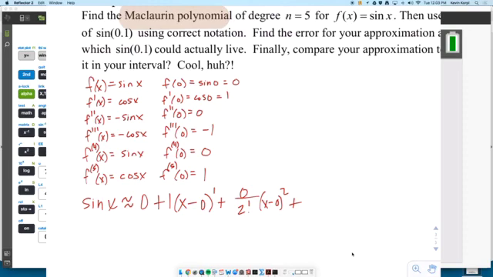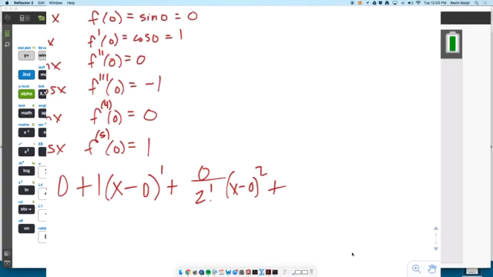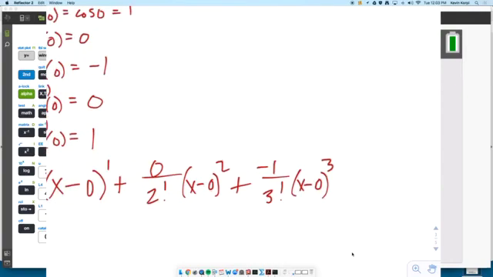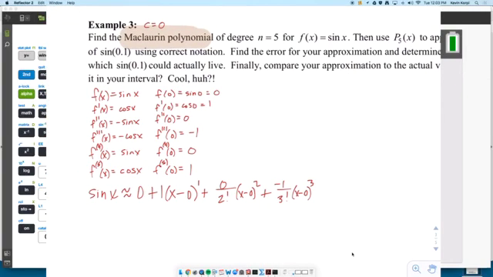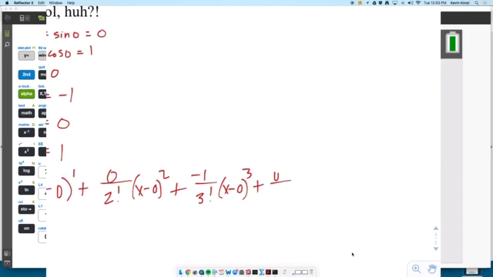It's the third derivative over 3 factorial. So the third derivative is negative 1 over 3 factorial times x minus 0 to the third. And now we go to the next line, the fourth derivative. The coefficient is going to be 0 over 4 factorial times x minus the center to the fourth.